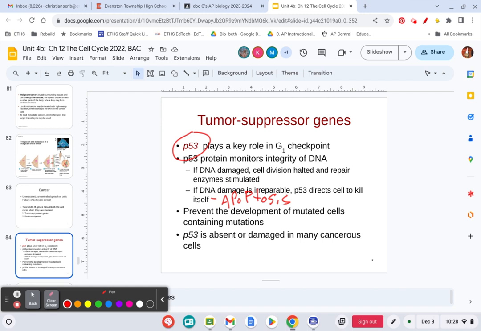What happens in these types of cancer is the tumor suppressor genes themselves that produce this protein to say, nope, stop, get mutated. So now they don't work. Their proteins that are being produced don't have the correct shape. Because they don't have the correct shape, they can't work. So because they can't work, anything that's damaged goes ahead and goes forward.